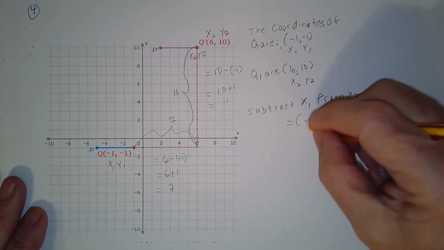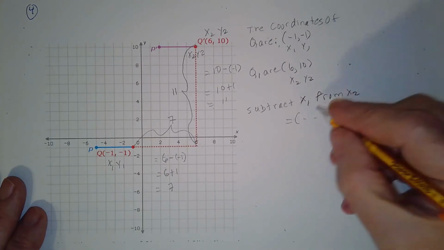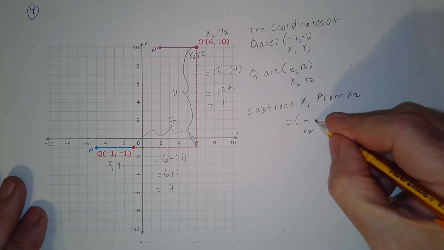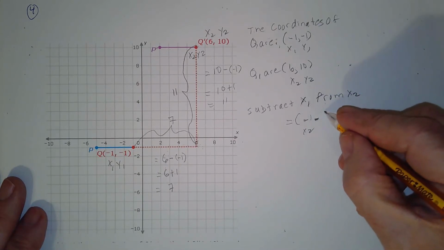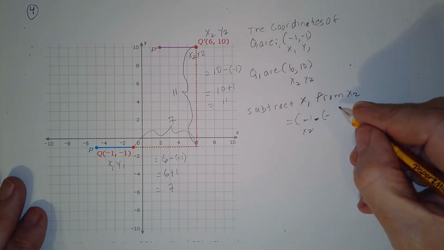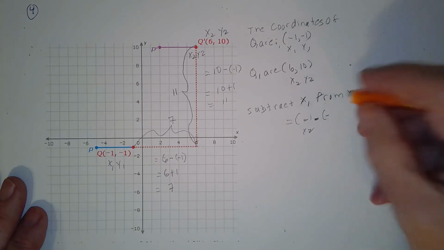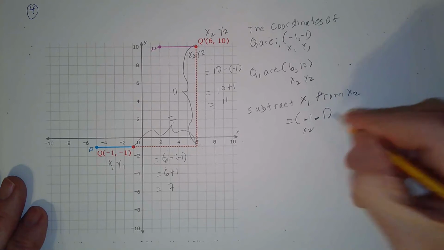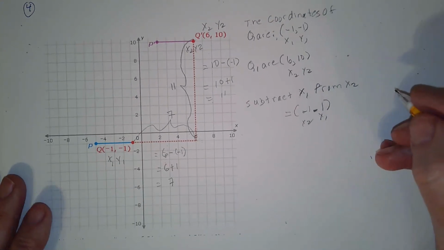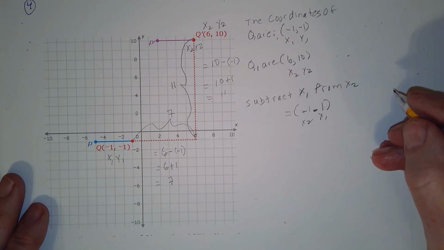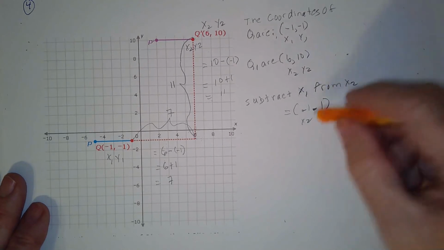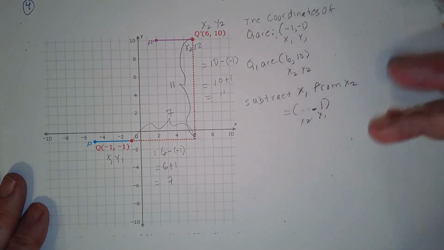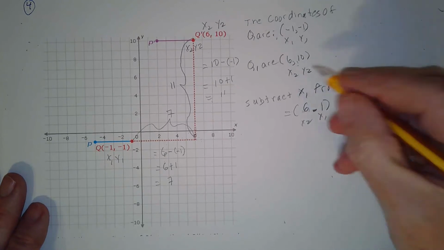That means you're going with x2 first. Sorry about that. So did I do that right? No, I didn't. I'm sorry. x2 is 6. Okay, now we got it right.